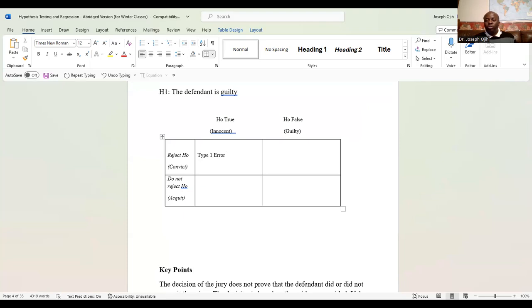I've seen it on the news, where people sent to jail spend almost 20 years, even 30 years, only for the DNA test to clear them, and they are released. So this kind of thing can happen. If H0 is false, that means guilty, and we reject it, which means convict the defendant, then we have a correct decision.